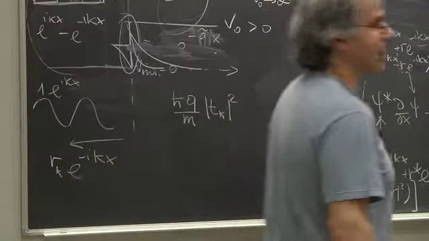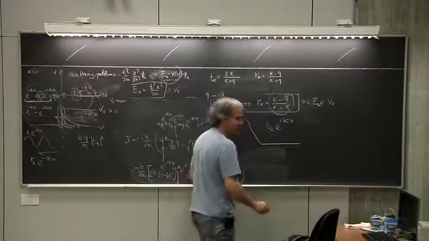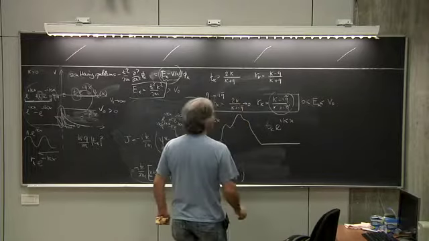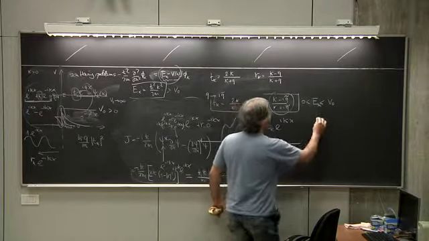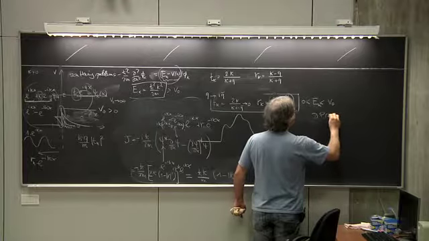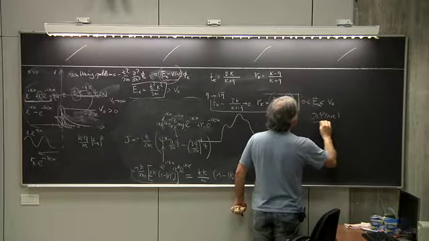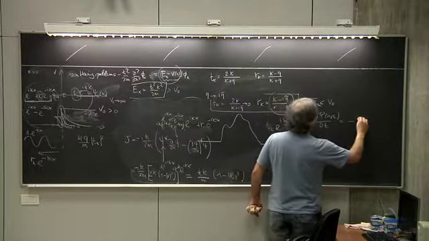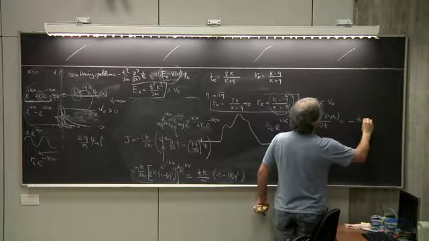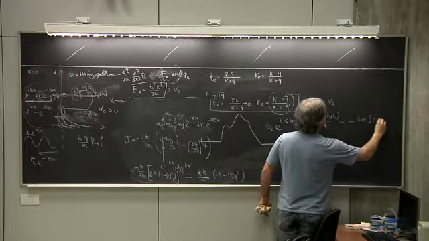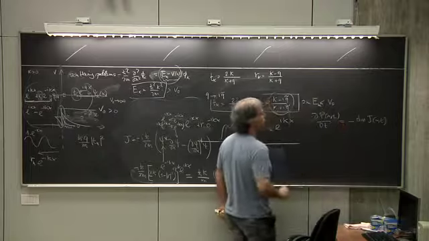So you see, we learned one thing. Whenever a state is stationary, the derivative of P of x and t, we know in general, is related to minus the divergence of J, always. This is a continuity equation.